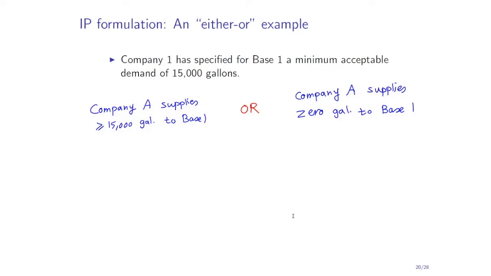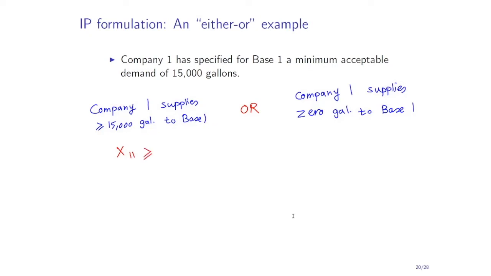Mathematically speaking, the supply of company A, sorry, I should say company 1, to base 1, X11, represents the amount of fuel supplied by company 1 to base 1.